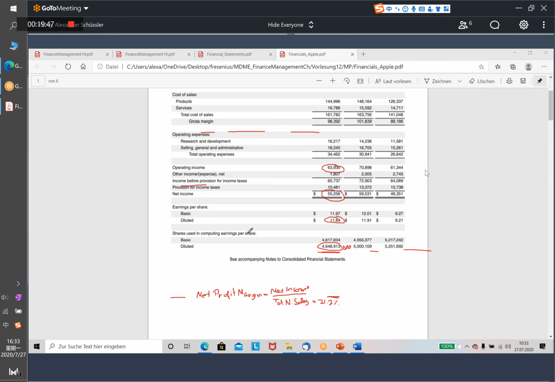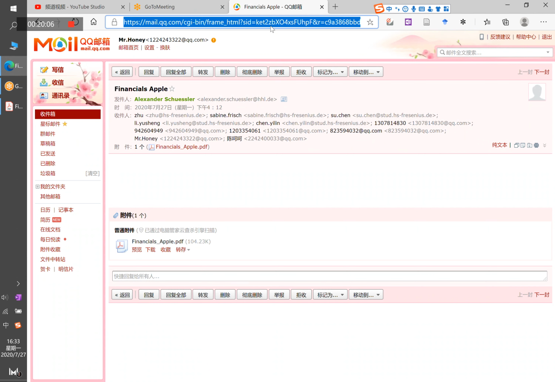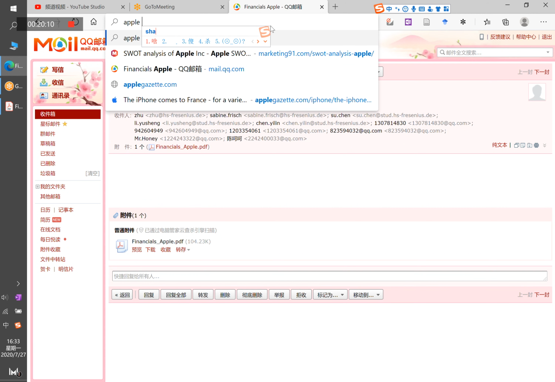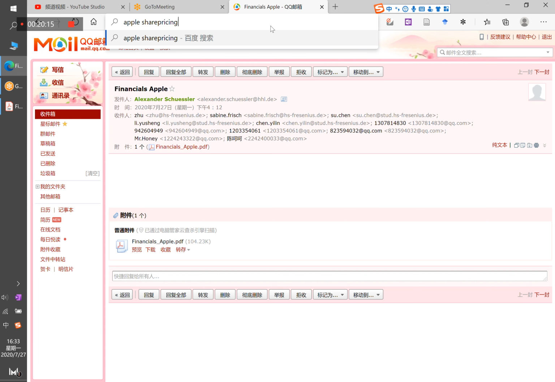Can you look up what the share price for Apple is in US dollars currently? You're connected to the internet, so have a look at what the share price is today. Go to Google, or whatever search engine you use, and type in Apple share price.